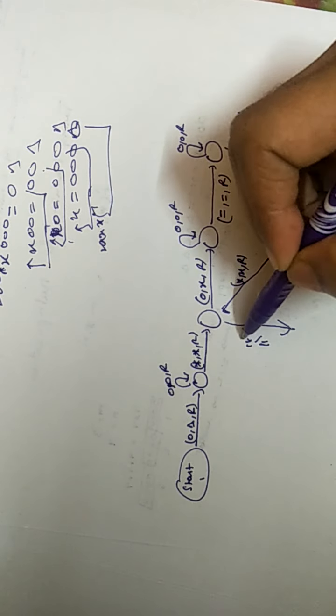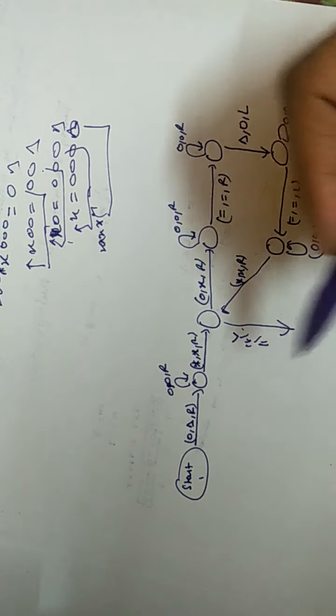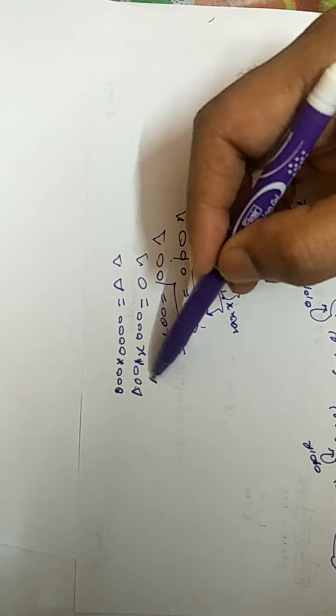It means that we have copied it, so we have to come back and repeat the whole procedure for the second 0.